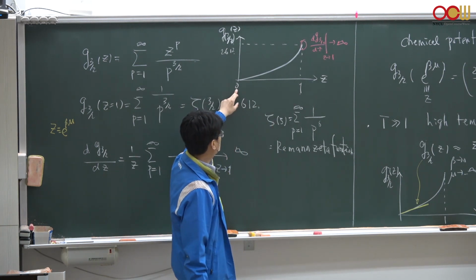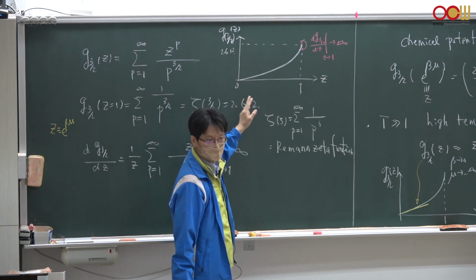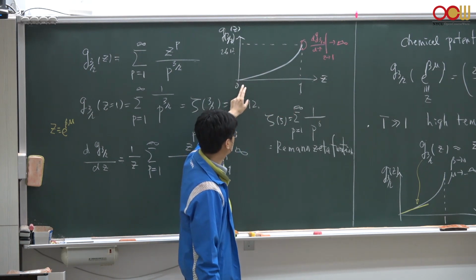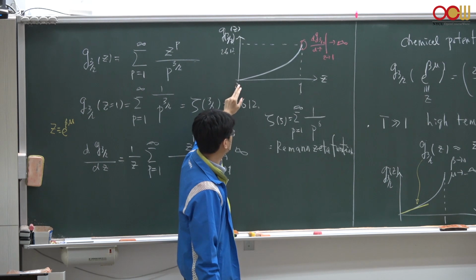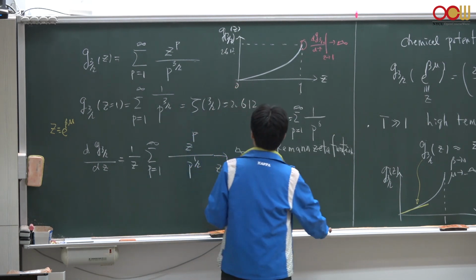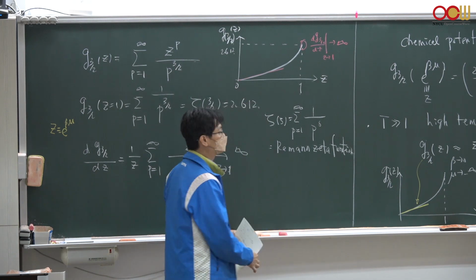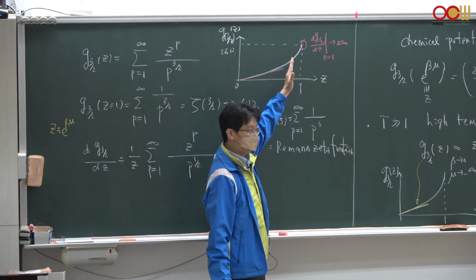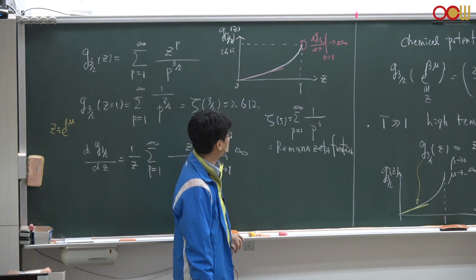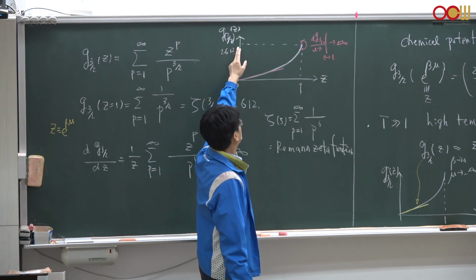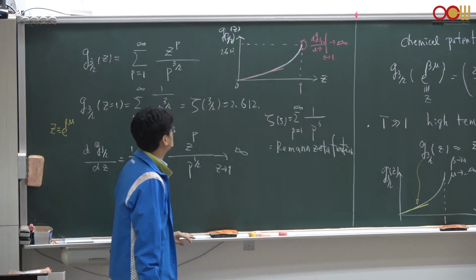So when z is small, which as we will mention later is the high temperature region, this function is almost linear in z, and then it turns up to a boundary value when z is 1, and this boundary value is 2.6.